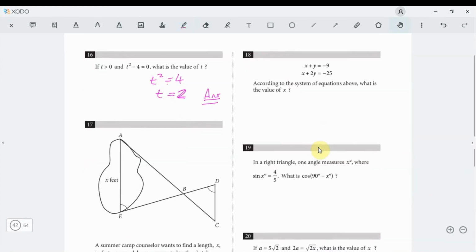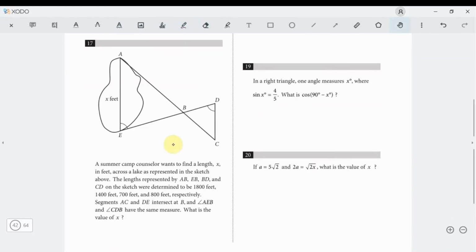Next part, it says a summer camp counselor wants to find the length x across a lake, represented by AB. They said that AB, EB, BD and CD are on the sketch to be 1800 foot, 1400 foot, 700 foot, and 800 foot respectively. AB is 1800, so this side is 1800.